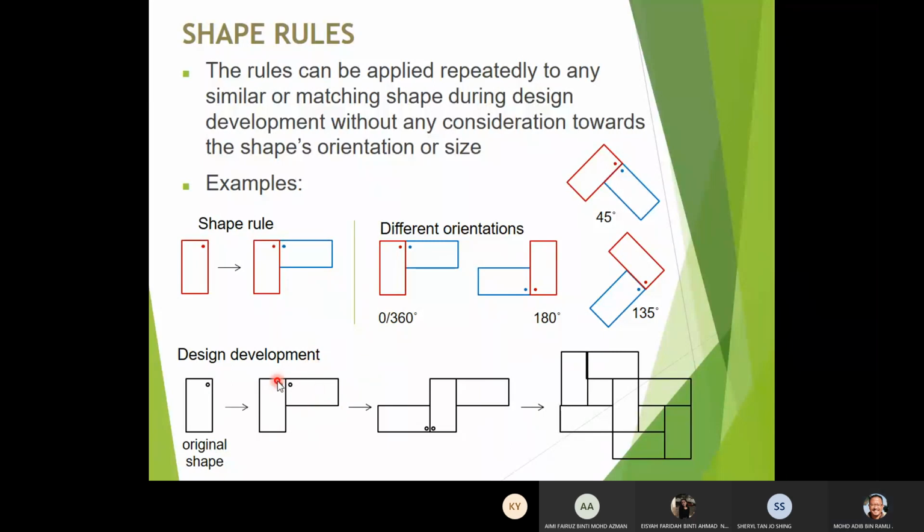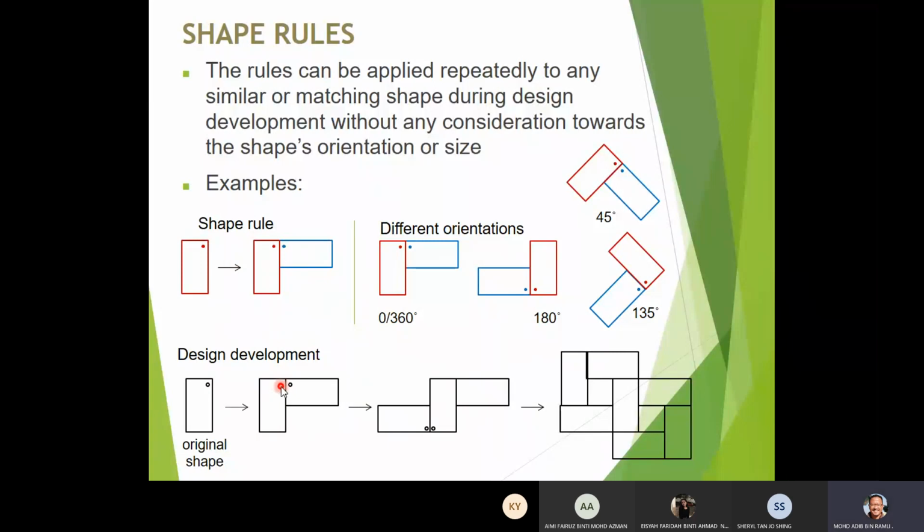Now, in this case, you actually move the label because you already applied the rule to this arrangement. You apply this rule, you get this. So no point applying the same rule again at the same place, because in the end, you won't create anything. So what you need to do is to move the label.